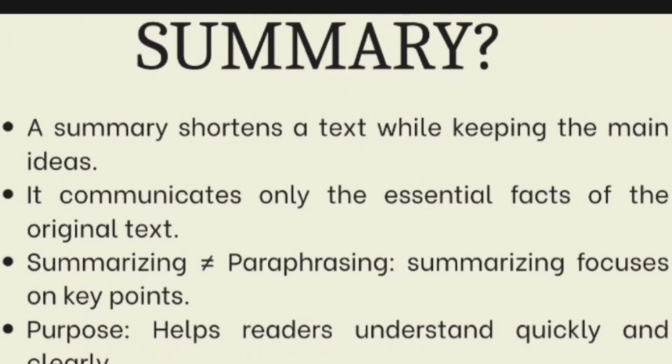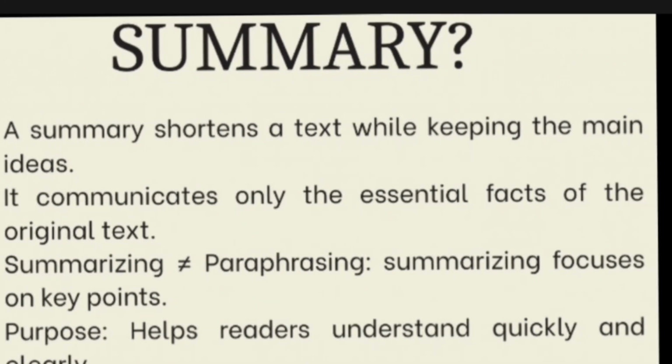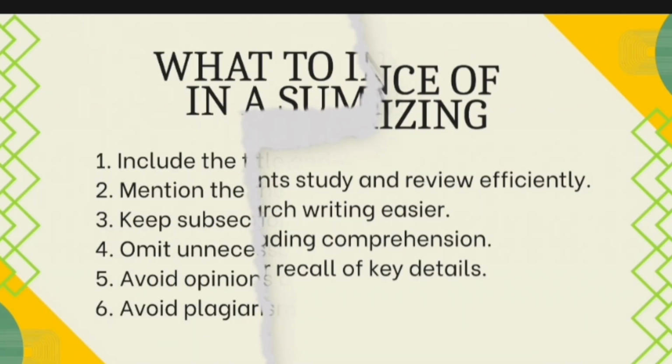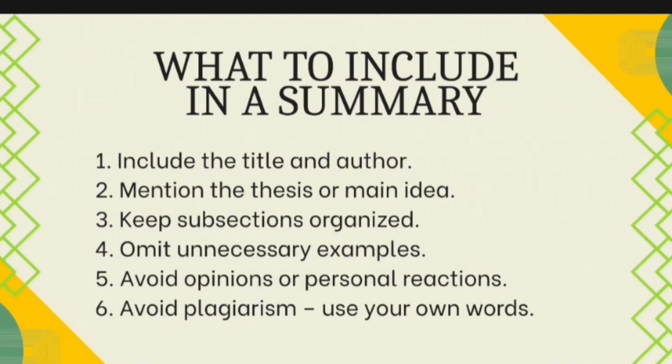Its purpose is to help the reader understand quickly and clearly. The importance of summarizing is that it helps students study and review efficiently, makes research writing easier, improves reading comprehension, and allows faster recall of key details. So, what to include in a summary?